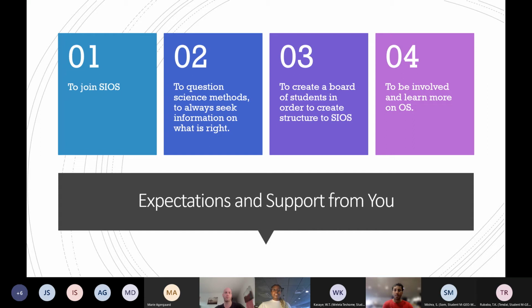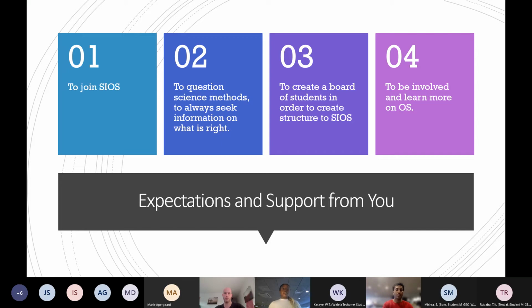Yes, so our expectation from you as students is that we want you to join, so that we can form a group that is recognized at the UT at large and can help students know more about open science, instead of it being only for the open science community. We are targeting the students. We want them to know more about it and also be more involved in it.